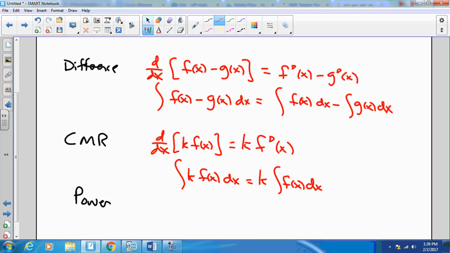In other words, just as with derivatives, I can pull a constant multiple to the outside. Please do not forget the word constant. I get students that see the constant multiple rule and they get so excited about it that they start pulling functions of x outside the integral. That will not work.